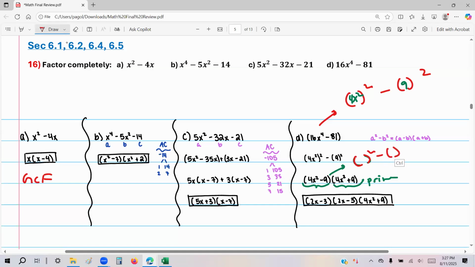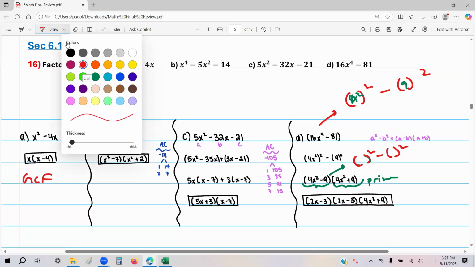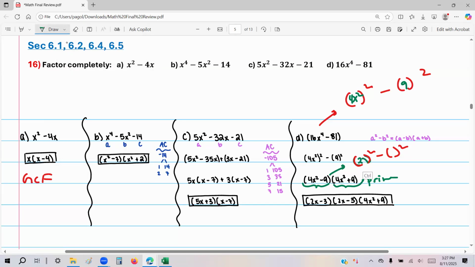Something squared minus something squared. Since you have 4x squared, this time what goes inside? 2x. And 9 is what squared? 3. So that means their factors are 2x plus 3, 2x minus 3. So the first one is factorable, the second one is not.